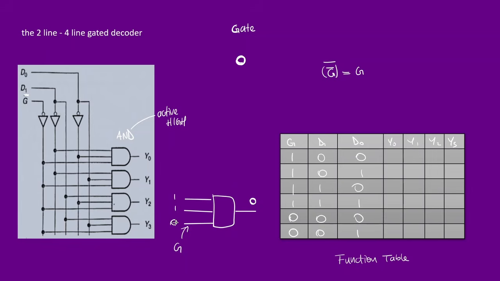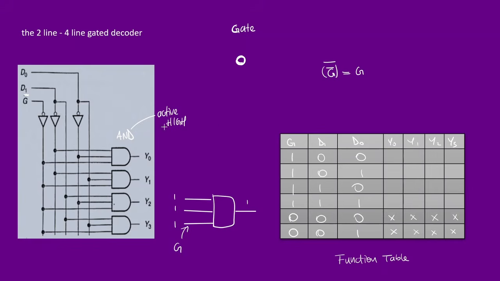But once my gate signal becomes 1, then my output is activated and I'm allowed to continue. All right. So granted that my gate signal is 1, anywhere else that my gate signal is not 1, I'm going to write as an X. So this X stands for don't care. All right. It's inhibited. It's not a permitted state. It's not allowed. It's not covered in the domain of this 2-line to 4-line gated decoder.